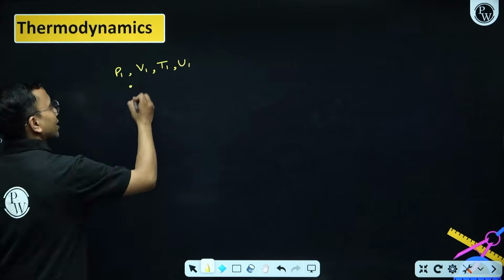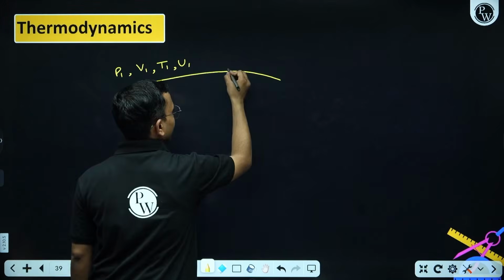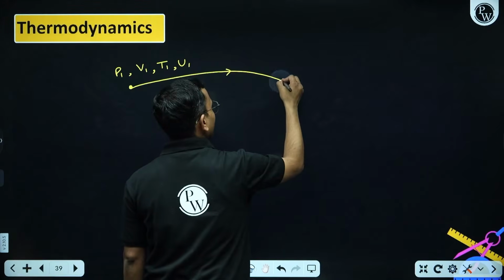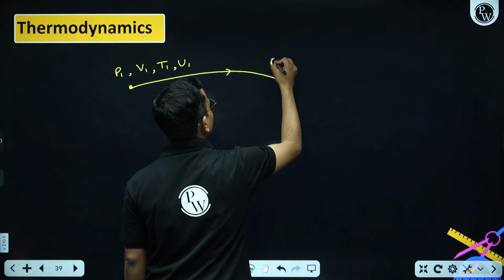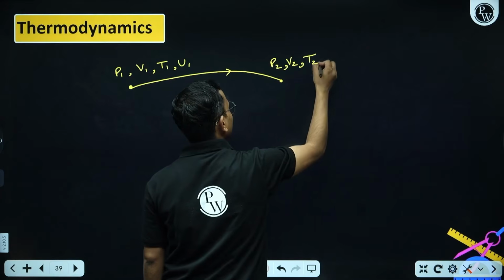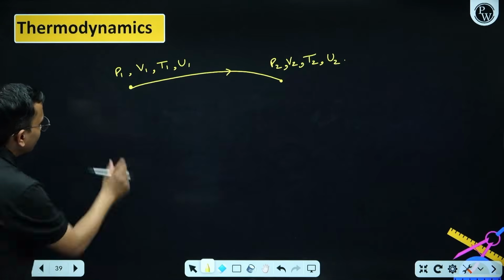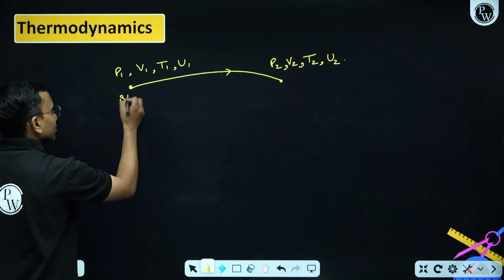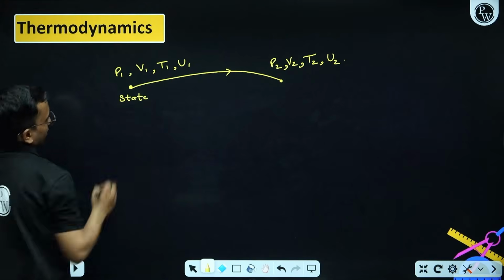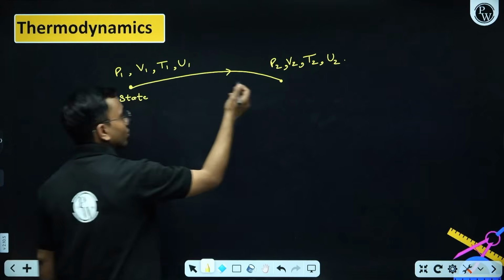The gas changes from this state to another state, where again there is pressure, volume, temperature or the internal energy. So this is the state of the gas. This was the initial state, and this was the final state.